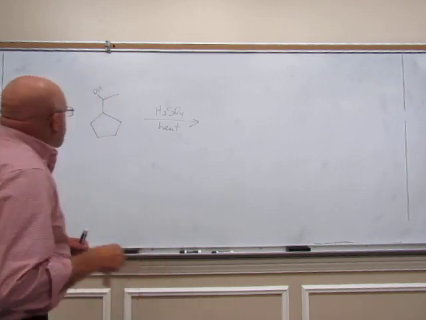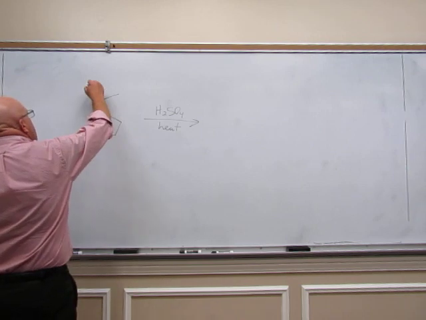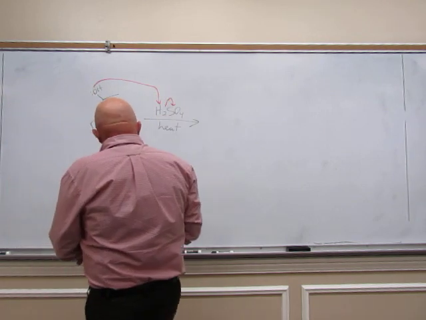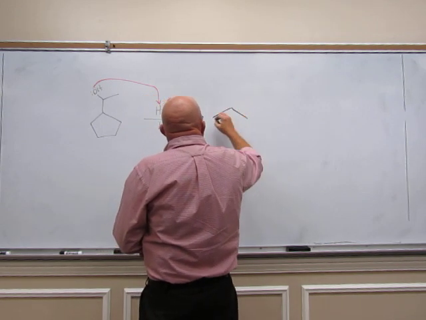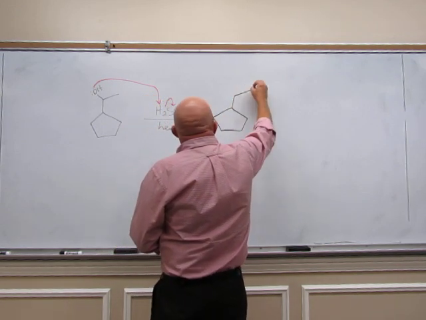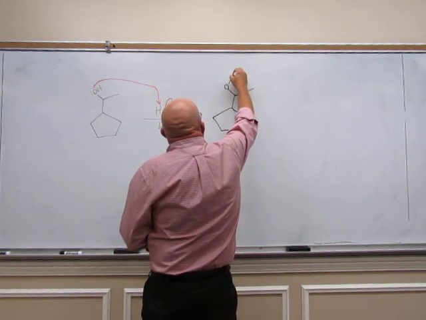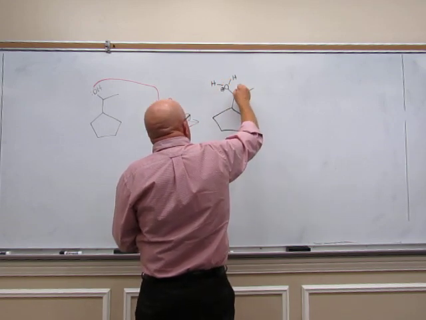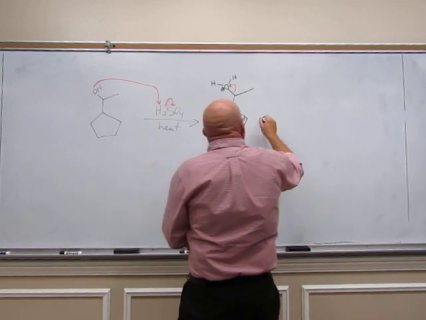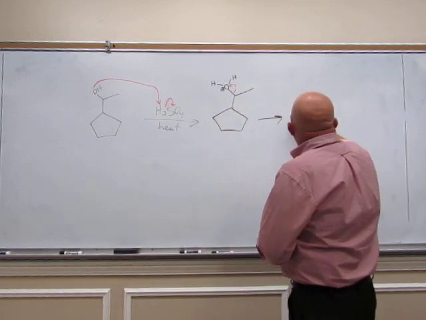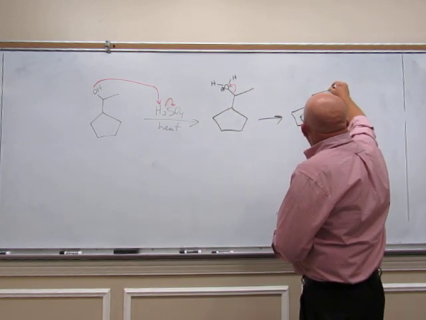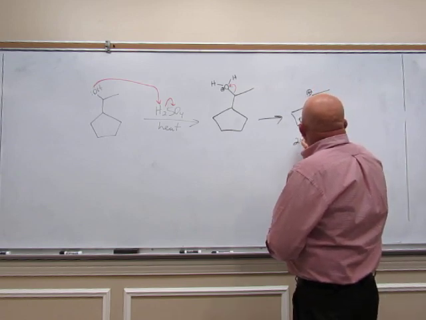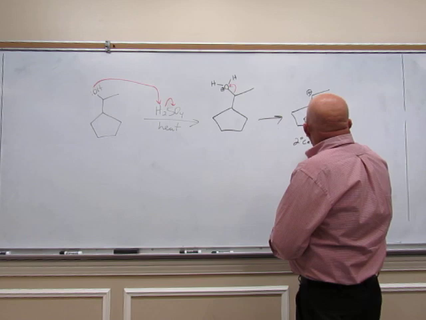So again, we're going to protonate the alcohol. That gives us a water molecule that is a good leaving group. It leaves off and gives the carbocation. That is a secondary carbocation.